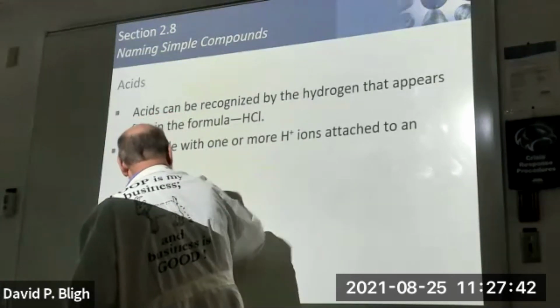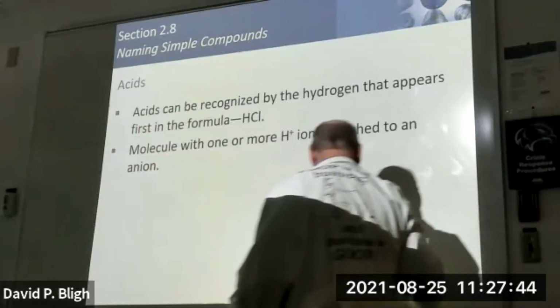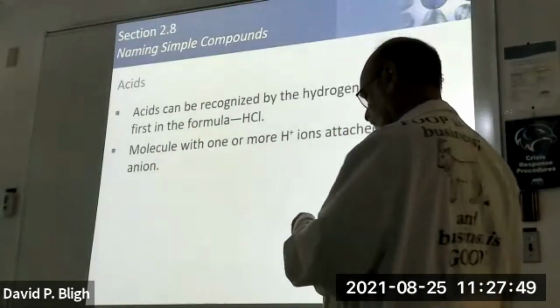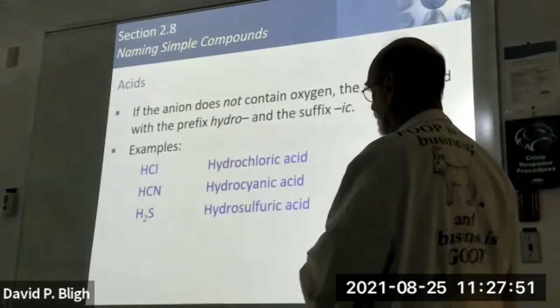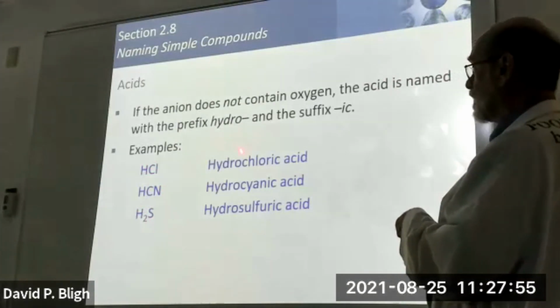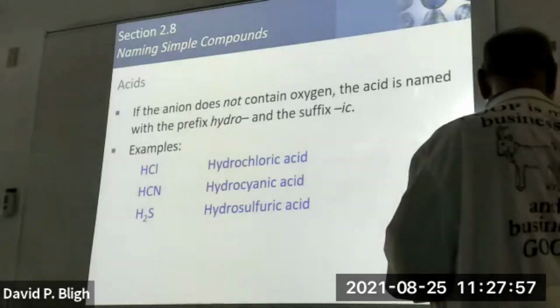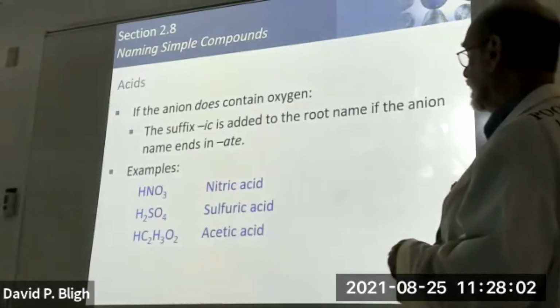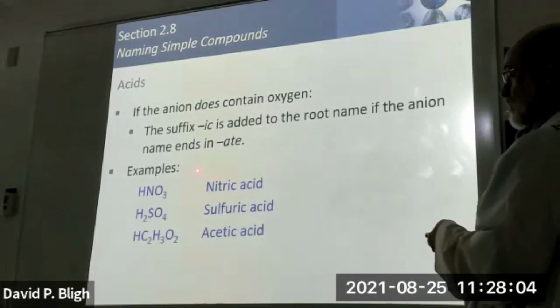And that extra credit on naming compounds has several acids in it to give you practice. So here we have no oxygen, no oxygen, no oxygen. Right? So they all start with hydro. Here we have oxygen. So they don't start with hydro.